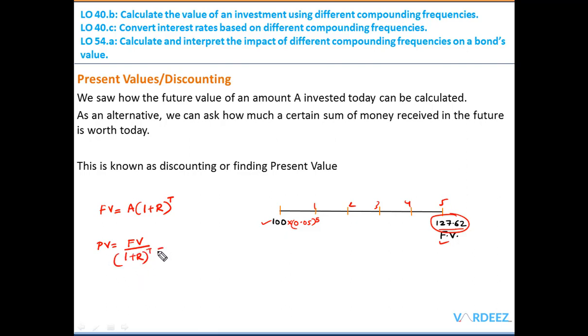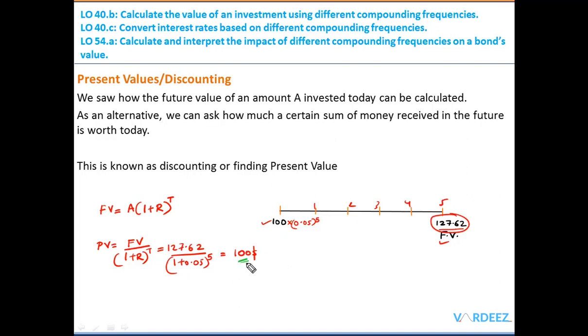If I solve this, I have the future value as 127.62 divided by 1.05 to the power t. T is the 5 years, because we are discounting, or getting the present value back to day zero from 5 years, which is why we have this 5. And if I solve this thing, I will get 100 as the answer.